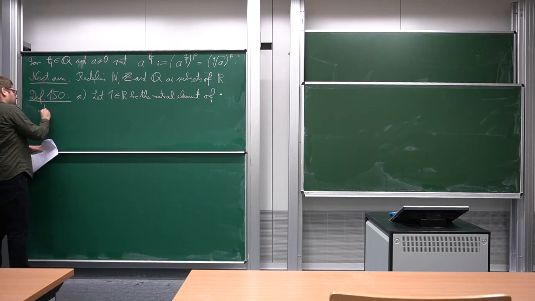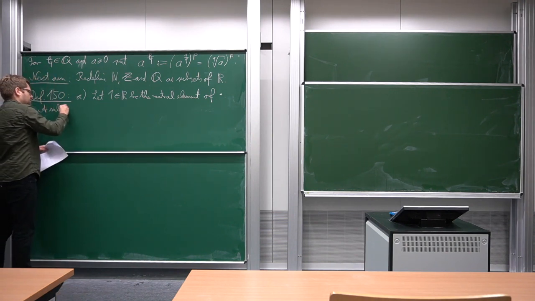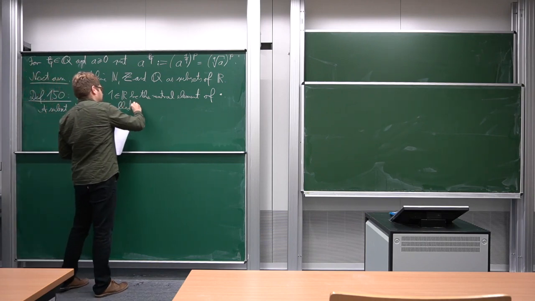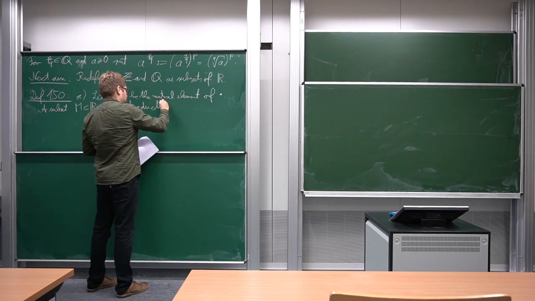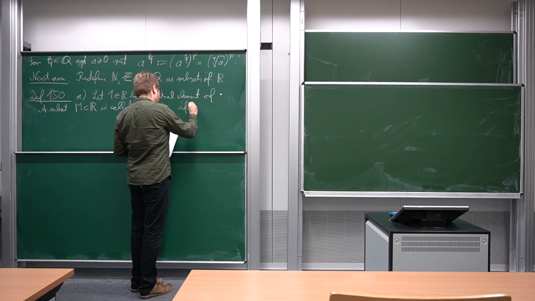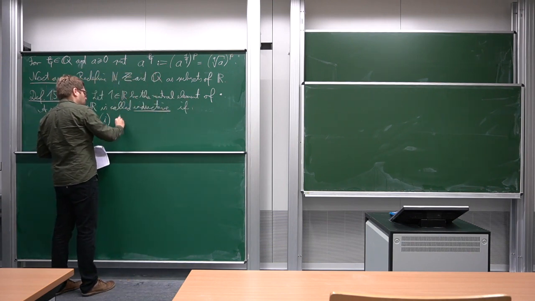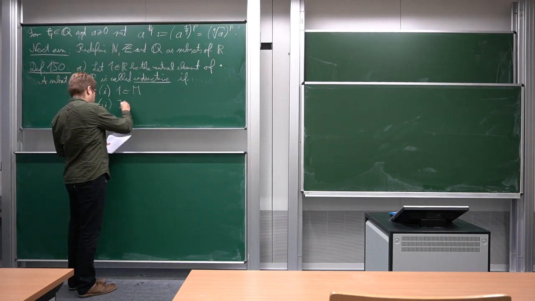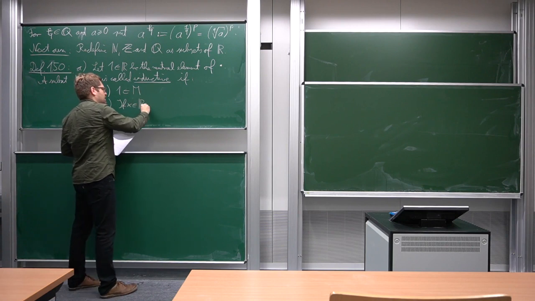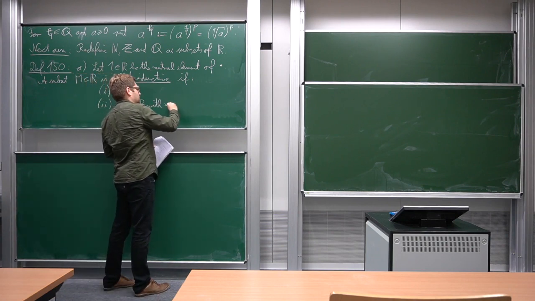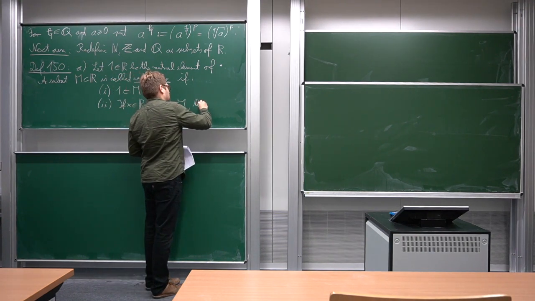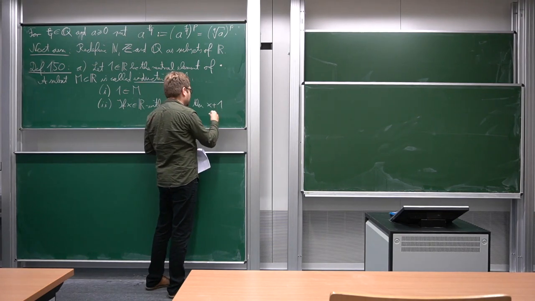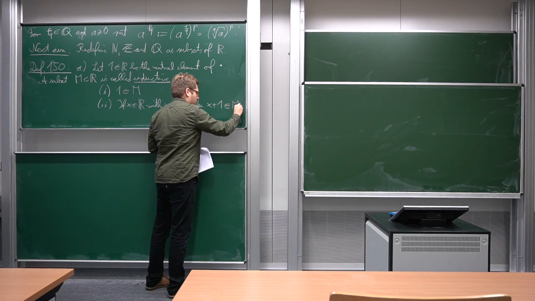A subset M of R is called an inductive subset if the following holds. First of all, 1 lies in this set, and secondly, if there is a real number x which lies in the set, then I want that x plus 1, this is just addition in the field, where 1 is the neutral element of multiplication, is again in my set.